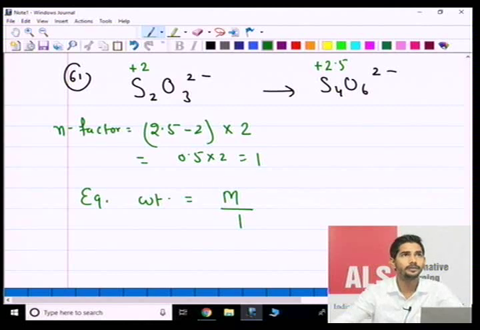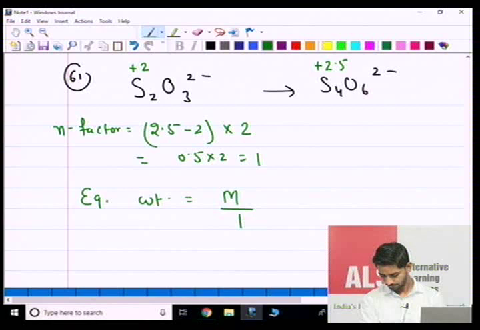Up to question number 80. Next question. Tamelong, guys, have you attempted the sheet?